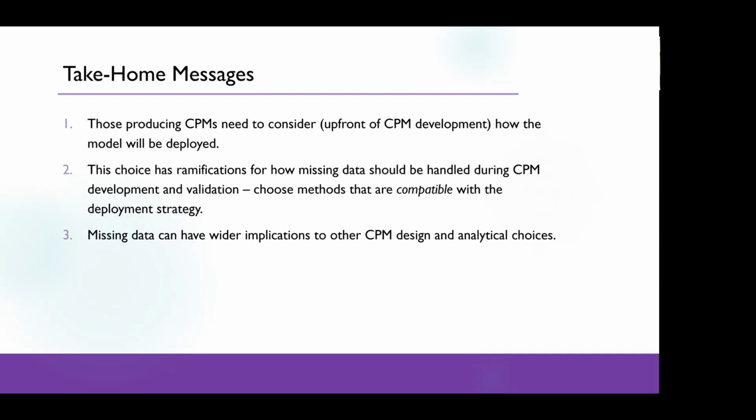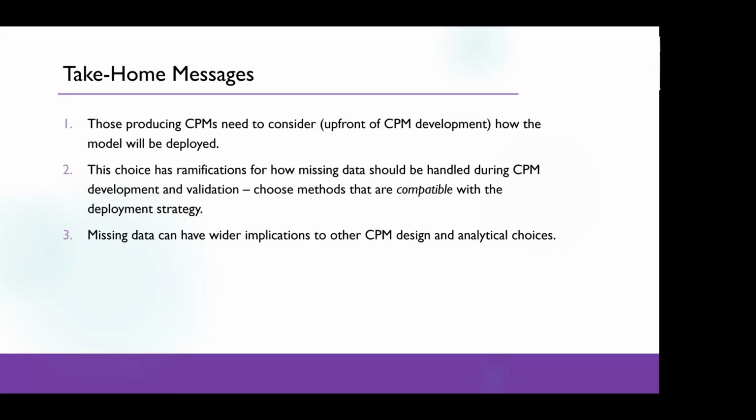With that, I'll summarize. So to take one thing away from what I've said, I think it would be that the choice of how you're handling missing data at deployment does have ramifications for earlier on in the pipeline. And I think this is a commonly overlooked issue certainly in the applied literature.